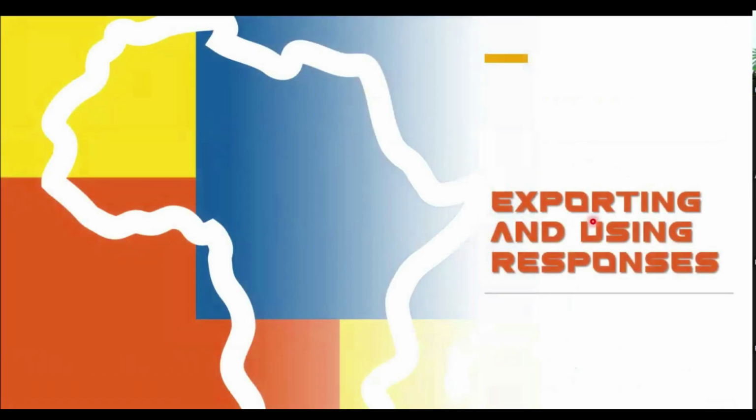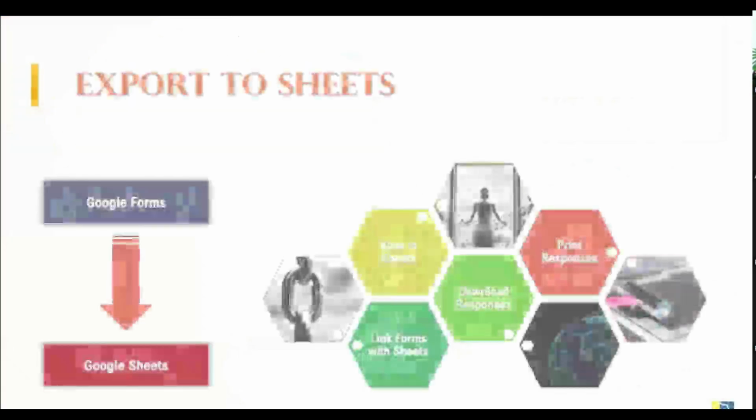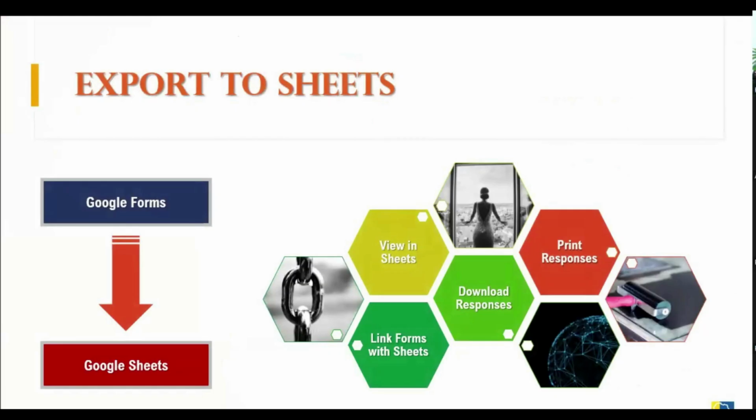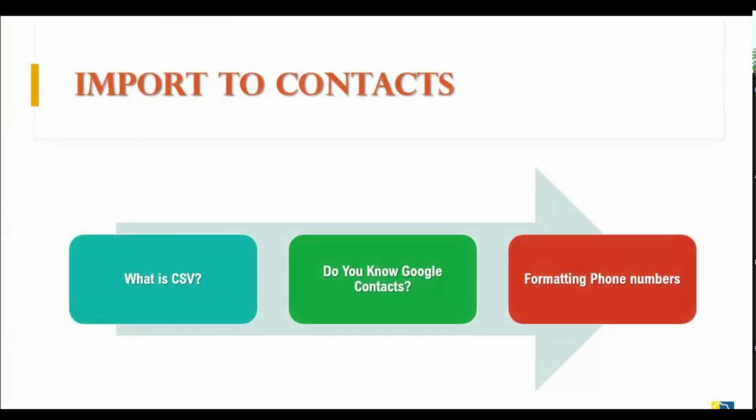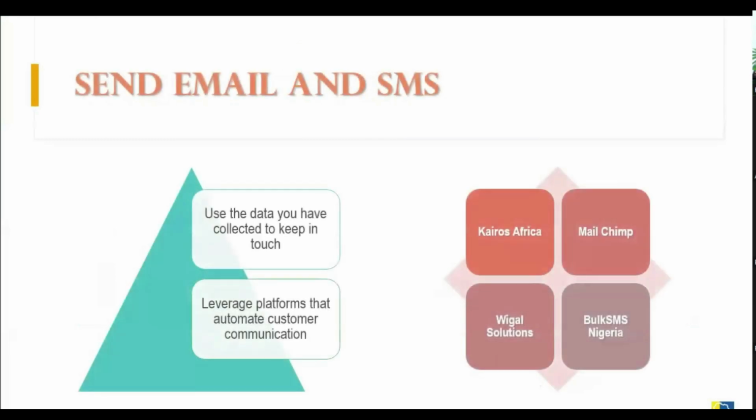All right, then we'll export our responses. I've shown you a little bit of that already. I think I've mentioned this about linking sheets, downloading responses, printing. We'll not talk about CSVs, and then being able to use the data.